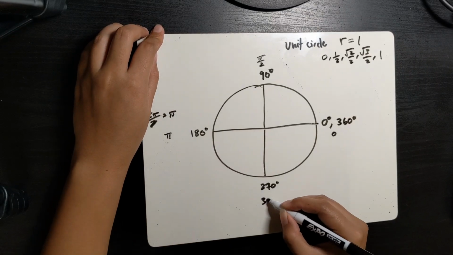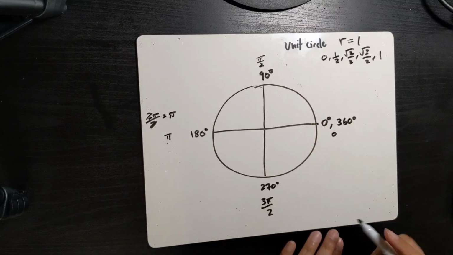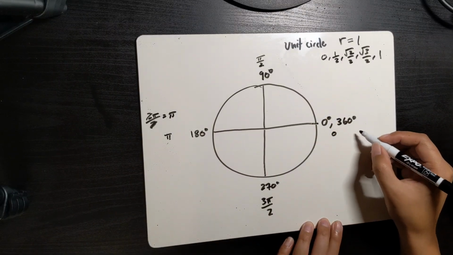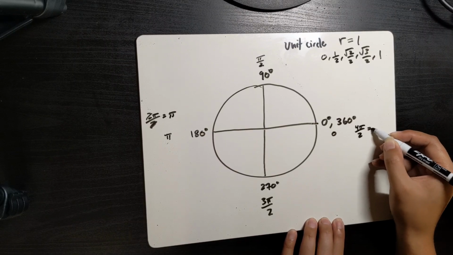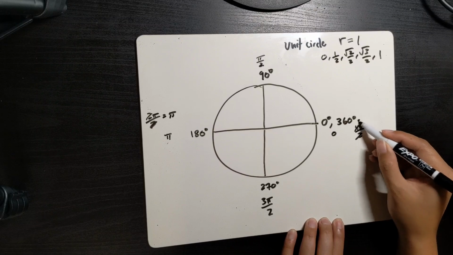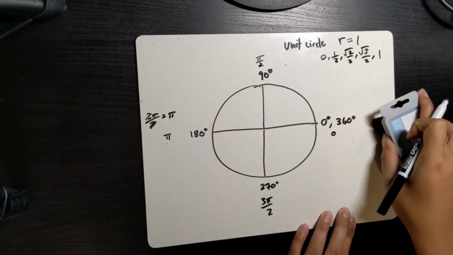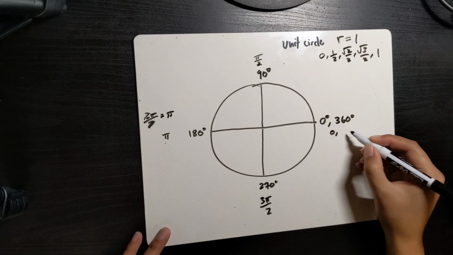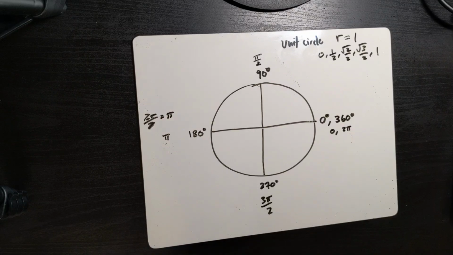This is 3 pi over 2, and we add another piece of pi, becomes 4 pi over 2. In other words, that's 2 pi. Okay, so once we're back full circle, we're at 360 degrees, or 2 pi radians.